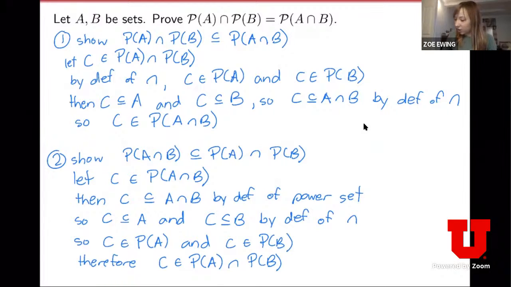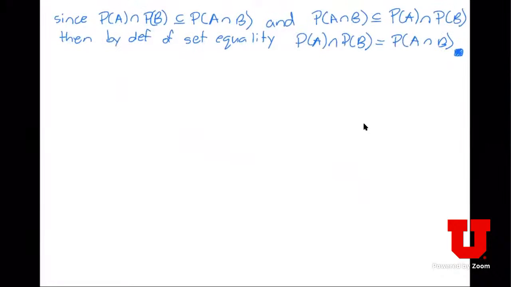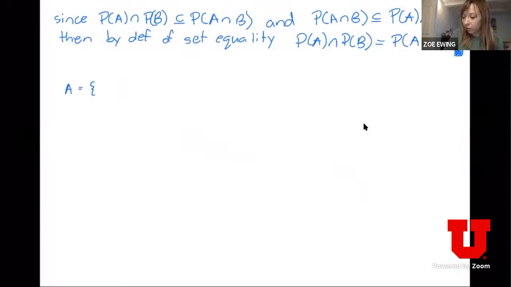Okay, all right, so I'm just going to do a quick little example of the power set. Let's say that A is the set of 1, 2, and 3. Then let's list out everything that's in the power set of A. You can shout it out or put them in the chat, whatever I hear, I will put down.